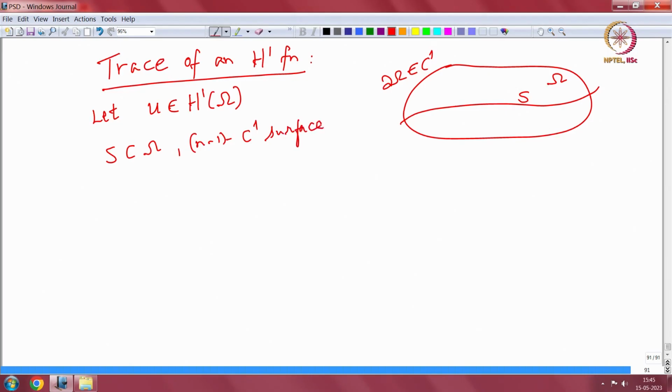On the other hand, if u is a continuous function, or u is a function defined at every point, then obviously we can talk of what this u restricted to S is. But in general, if we have just an H1 function, this does not make sense almost everywhere, because this S has n dimensional measure 0.